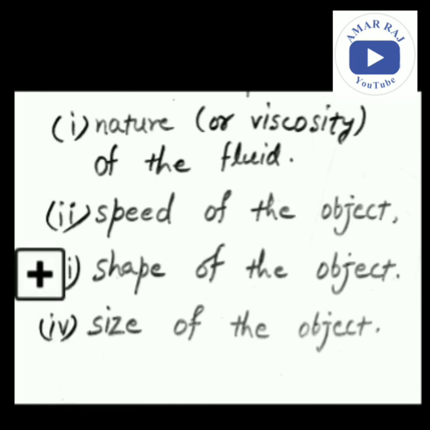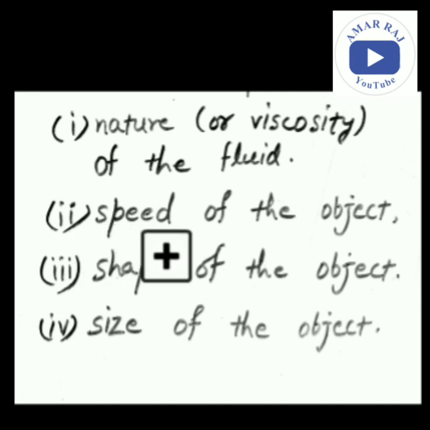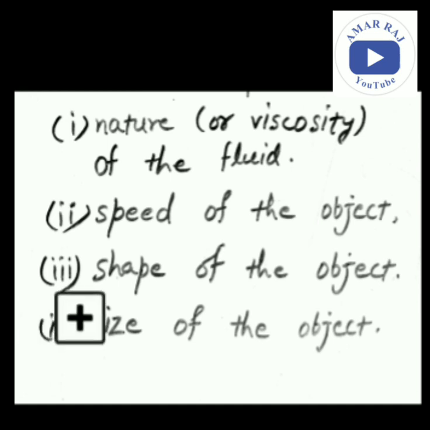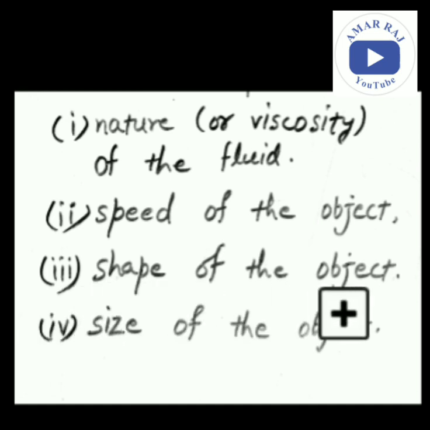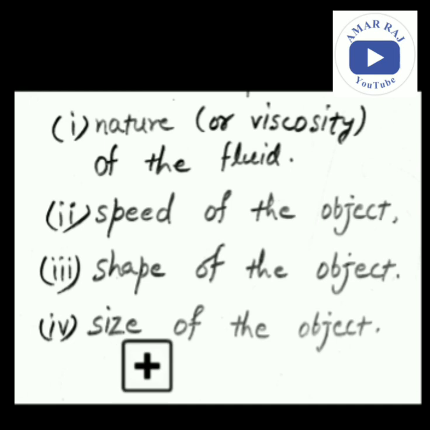So let us come to the next factor, which is speed of the object. Frictional force exerted by fluid also depends upon the speed of the object which moves through the fluid, and the third is the shape of the object, and fourth, you can see the size of the object. So students, these are the four factors on which fluid friction depends.